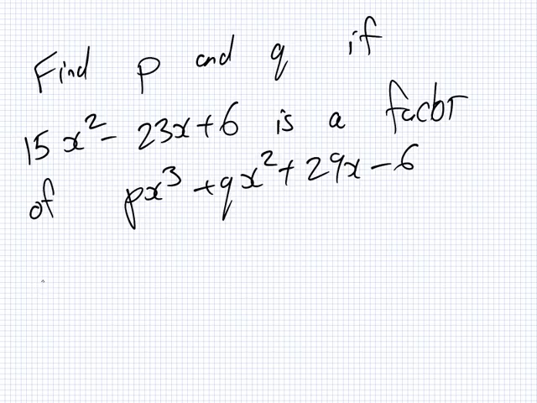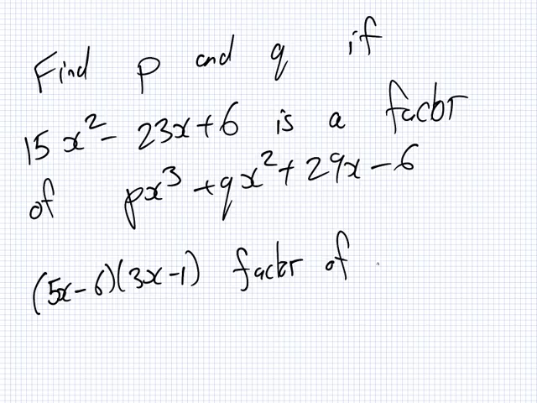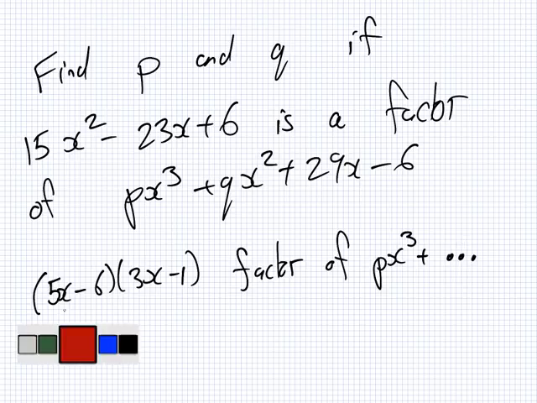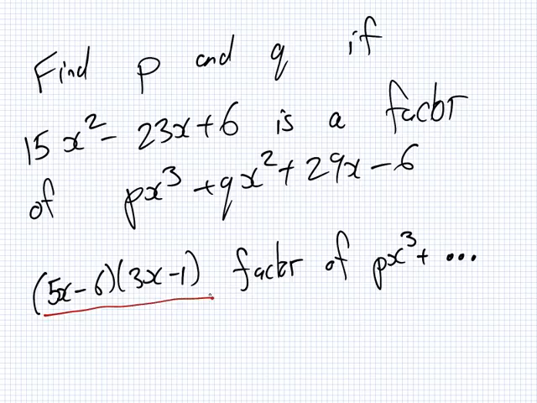So instead of writing 15x squared minus 23x plus 6, we can say 5x minus 6 and 3x minus 1 is a factor of px cubed plus etc. Now, just because this is a factor doesn't really help us. We need to know if both of these are factors.